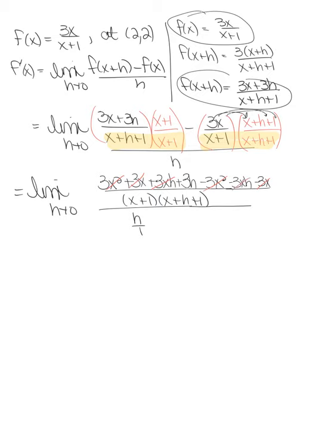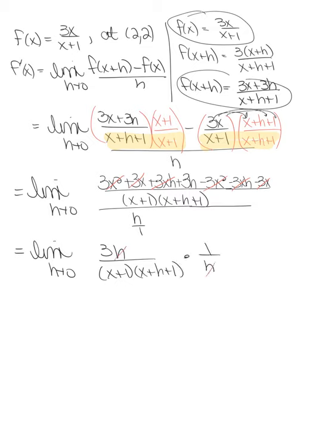So now I'm going to go ahead and rewrite this, and I'm going to flip that bottom fraction while I'm doing so. So this is going to give me the limit as h approaches 0 of the following. The fraction on top is going to look like 3h divided by x plus 1 times x plus h plus 1. When I flip the bottom one, I get 1 over h.